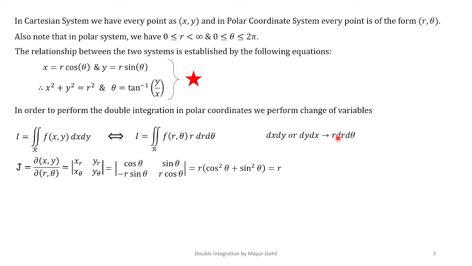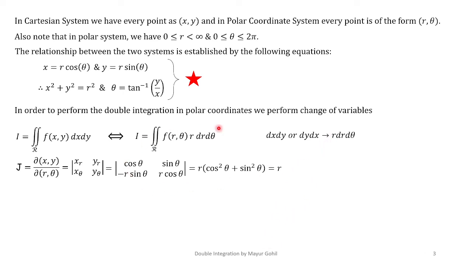The Jacobian always comes out to be r. There is no other answer over here. I just showed you the intricate calculation of how dy dx gets converted to r dr d theta. Now the arrow that I am referring to here doesn't mean implies, it means changes to. I request you to read it as changes to.